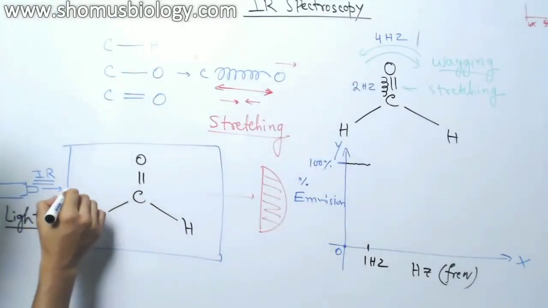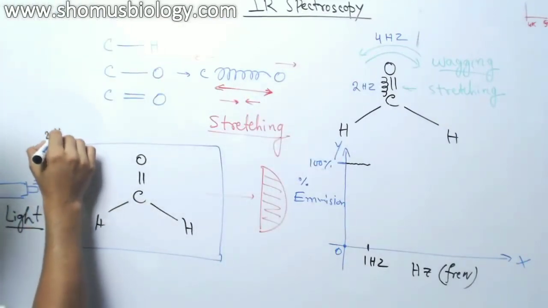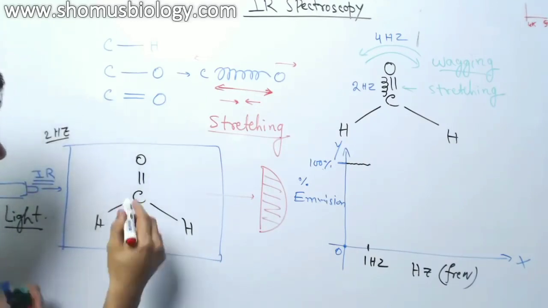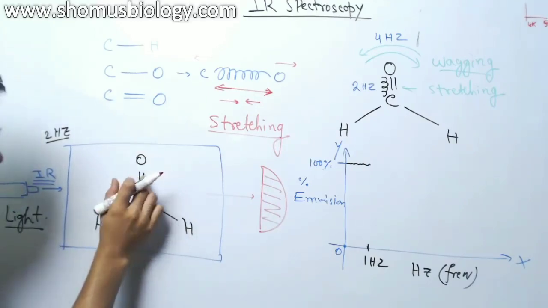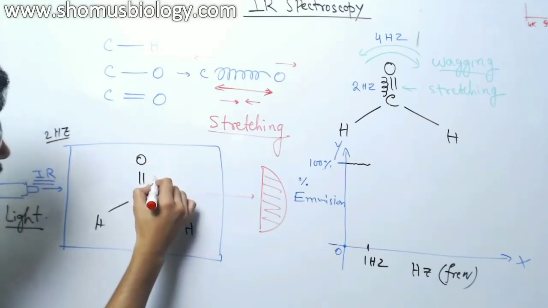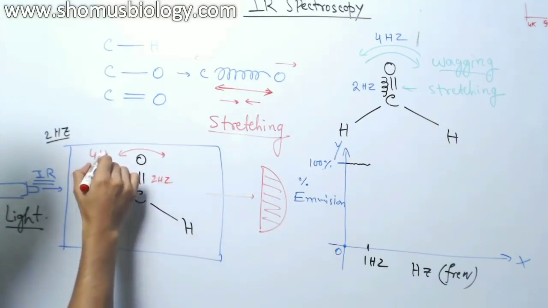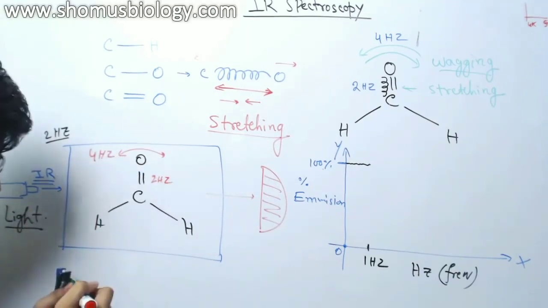Now let's change the frequency of the IR light that's going in. Let's say the frequency we go with is 2 Hertz. What will happen? We know that this C=O double bond stretches at a frequency of 2 Hertz and wags at a frequency of 4 Hertz, right?